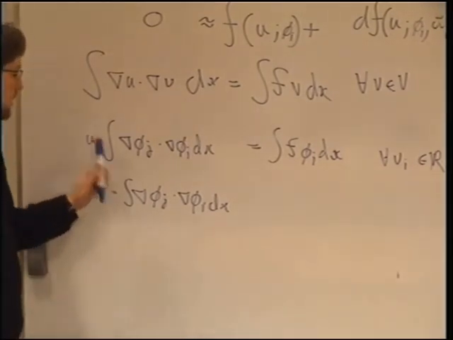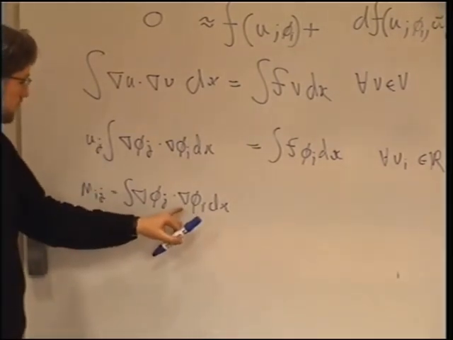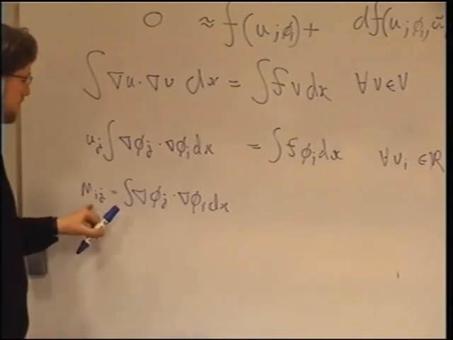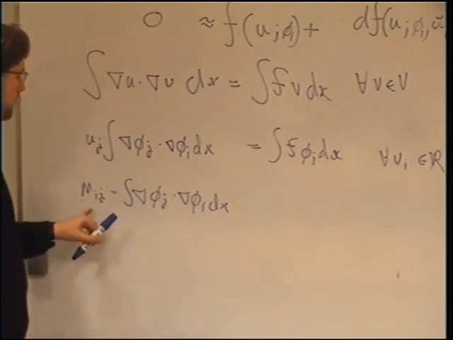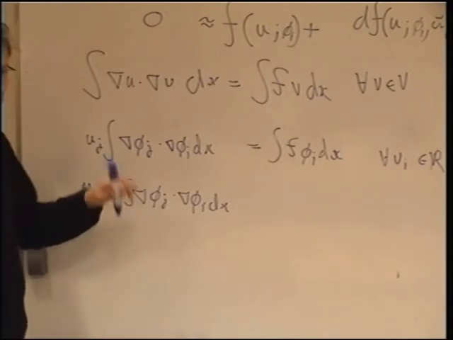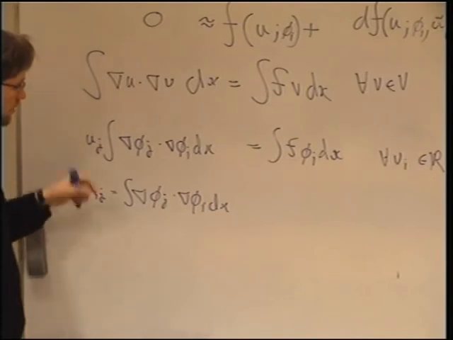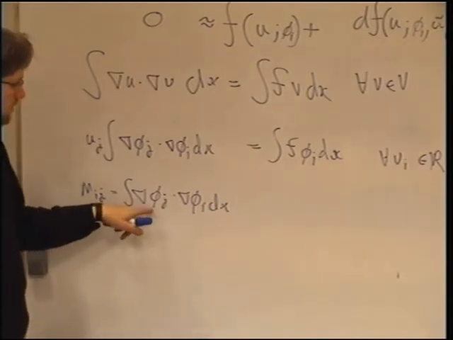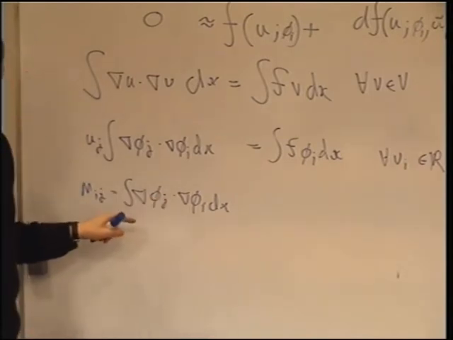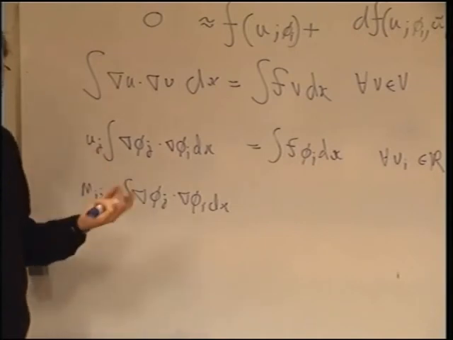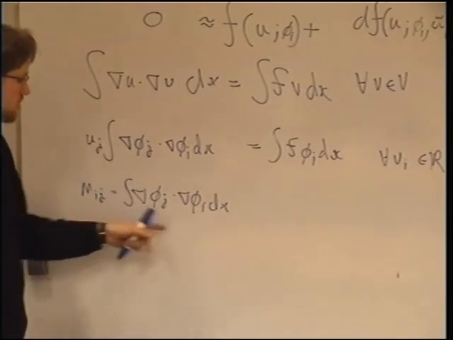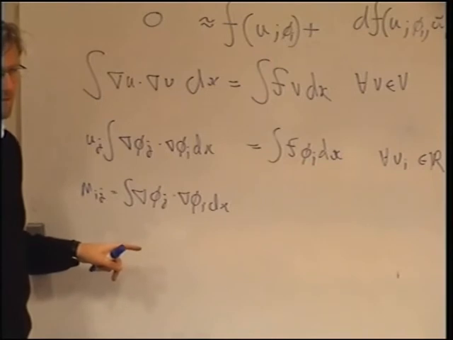And that produces one number for each choice of i and j. So that gives me a big grid. And it's a sparse matrix, and the reason it's a sparse matrix is because unless these two basis functions are non-zero on the same element, this will be zero. That falls out.